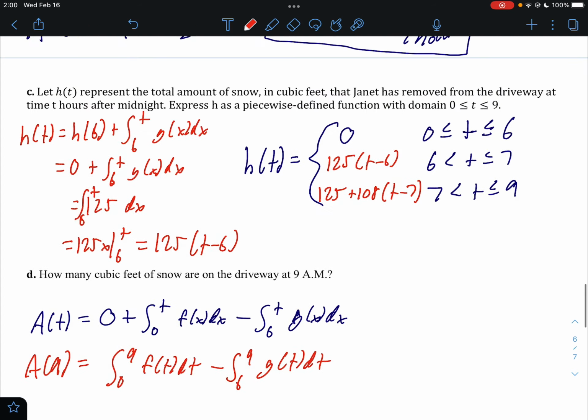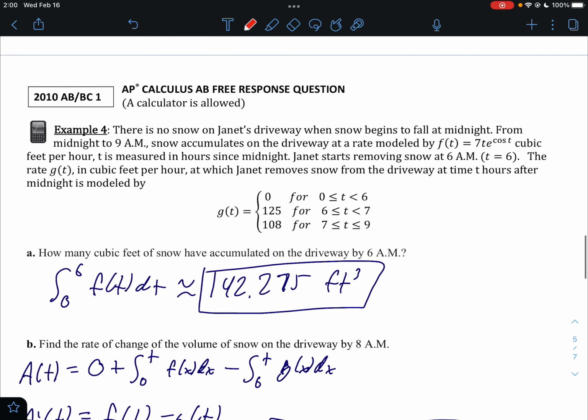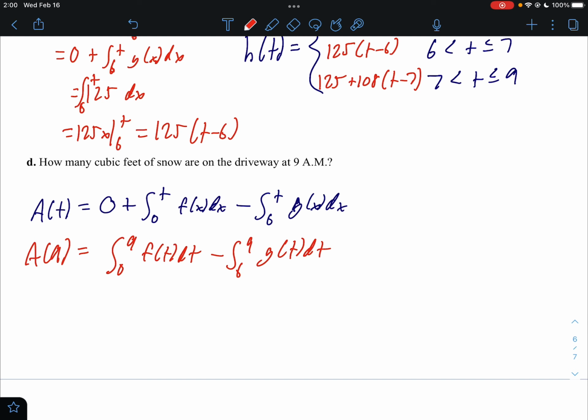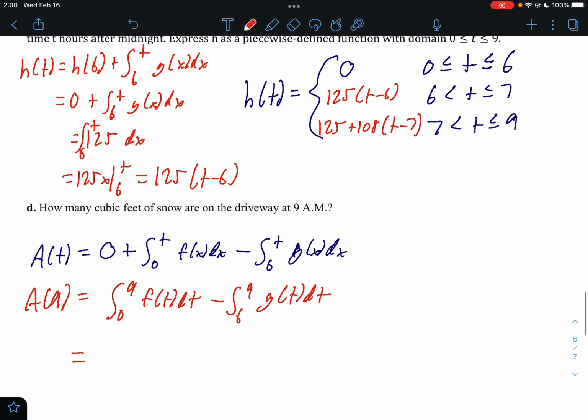The integral from 0 to 9 we already found earlier, didn't we? Oh, we did not, but we can find it pretty quickly by typing that in our calculator. And then the integral from 6 to 9, well, let's think about this.